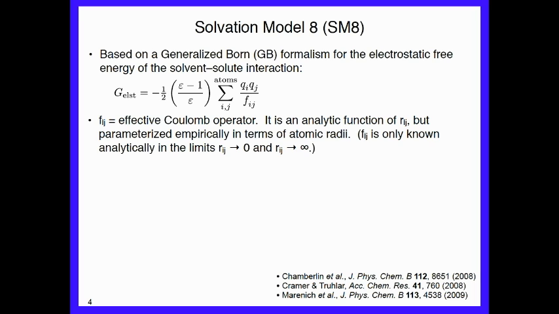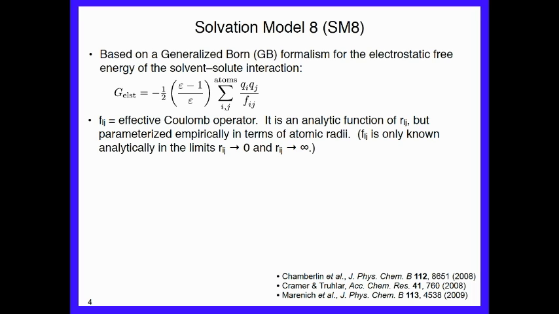So this SM8 model, version 8 of the Cramer-Truhlar solvation models, as I'm showing you here, I'll give you a little bit of theoretical background, not too much. Basically it consists of an electrostatic part and a non-electrostatic part. The electrostatic part falls under the rubric of what gets called a generalized Born model.